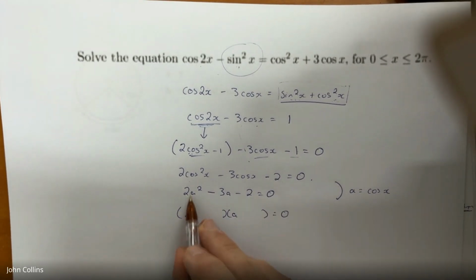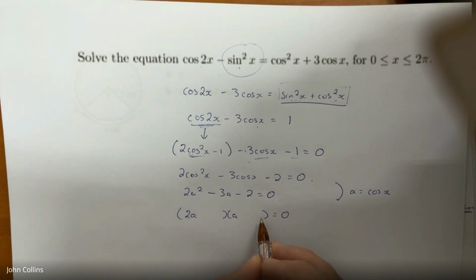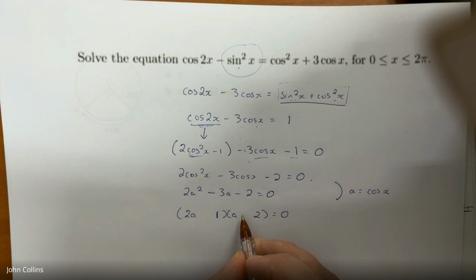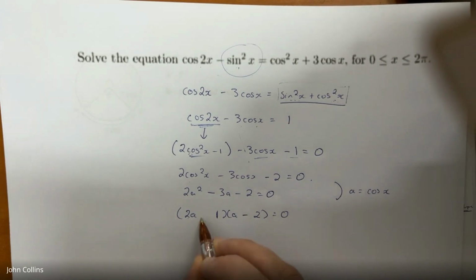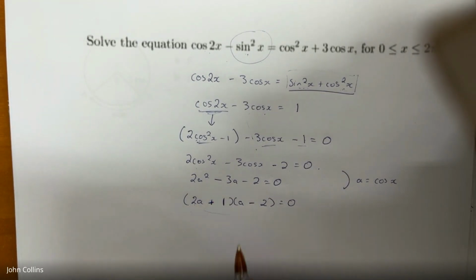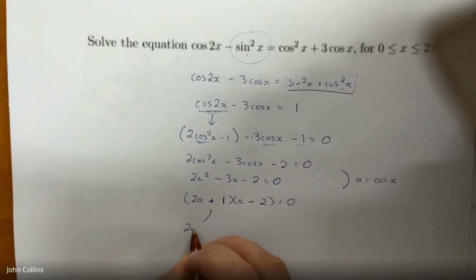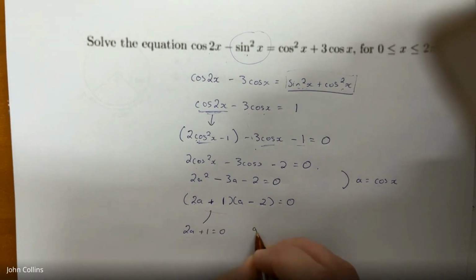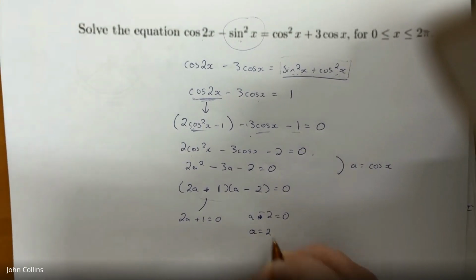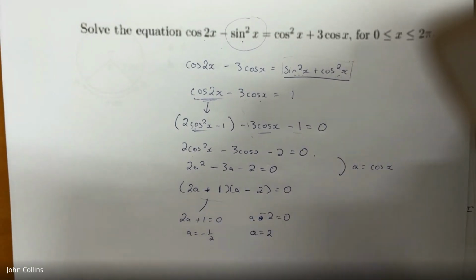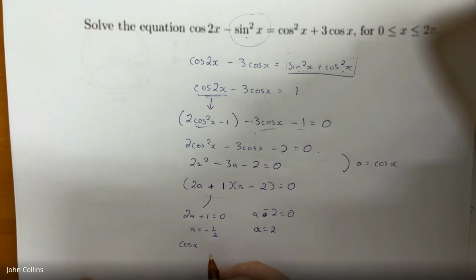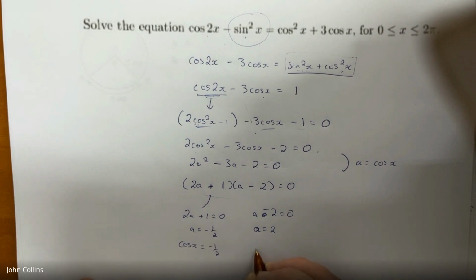So I factorize: 2a squared minus 3a minus 2 gives 2a and a, with a plus and a minus, because it's going to make minus 4 and plus 1. Take these separately. 2a plus 1 is equal to 0, and a minus 2 is equal to 0. So a from this one is 2, and a from this one is minus a half. But a, of course, is cosine x. I just did the swap over here, writing it the short way.